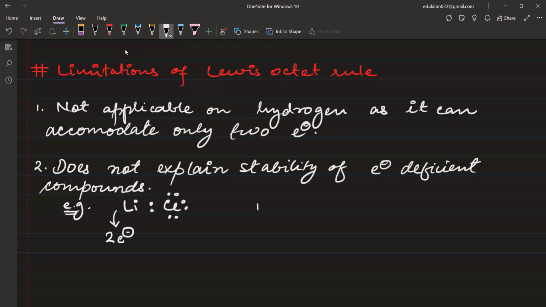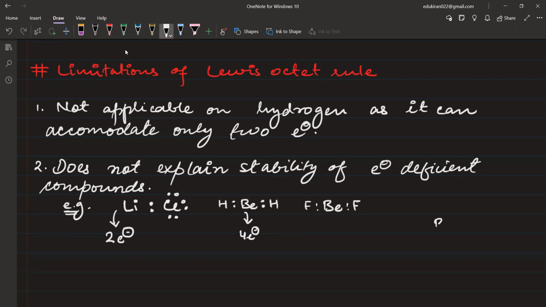Then we have, for example, hydrogen, beryllium, and then hydrogen. Beryllium has only 4 electrons. Hydrogen we have already explained, that it does not follow the Lewis octet rule. But beryllium also, you can see, has only 4 electrons in this particular molecule. Similarly, you will have BeF2, fluorine, fluorine.